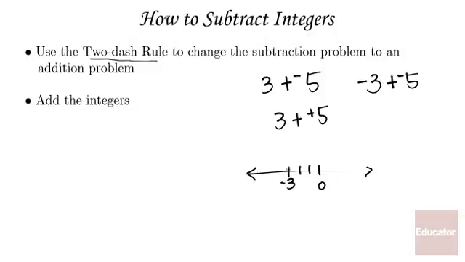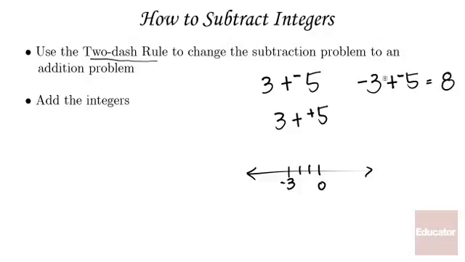How many units away from 0 is it? It's 3, right? So whenever you measure distance, it cannot be a negative. It has to be a positive. So the absolute value of negative 3 is 3, and then the absolute value of negative 5 is 5. So then if you add those, it's going to be 8.